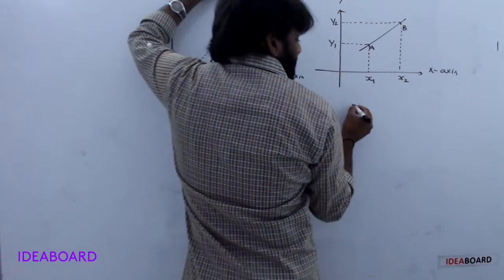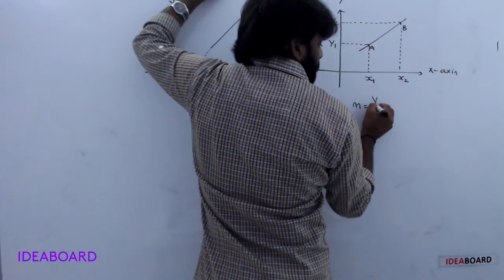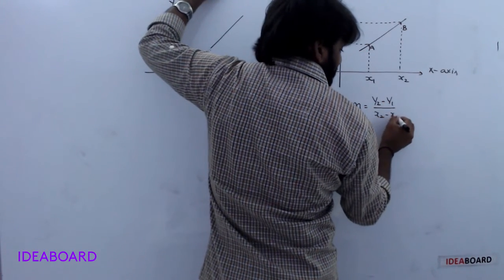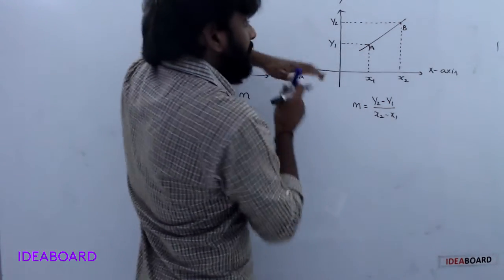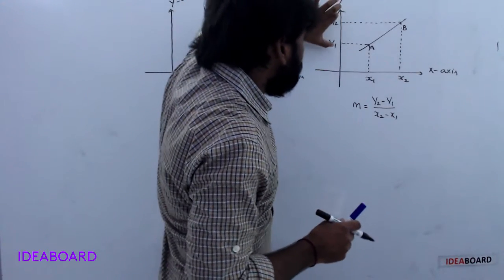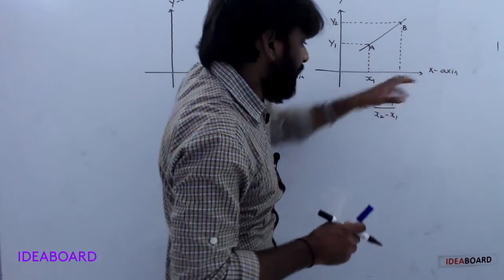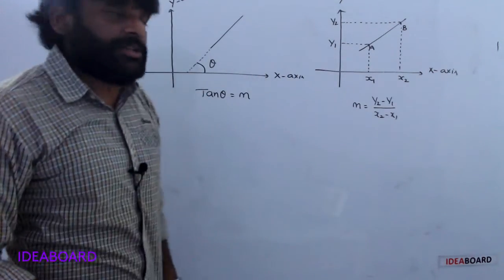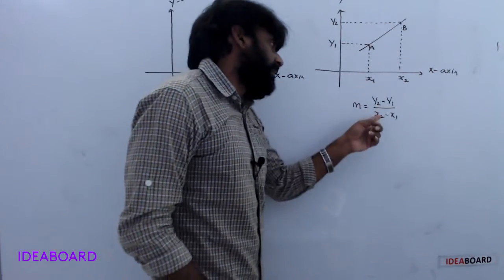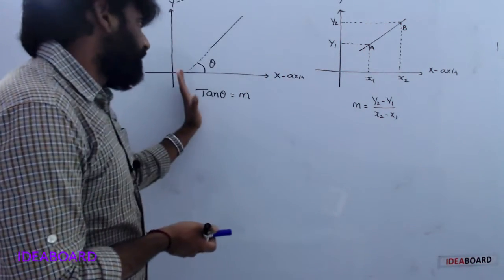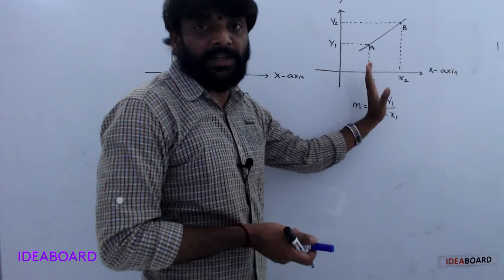So the ratio of these differences, y2 minus y1 by x2 minus x1. The difference of y components by the difference of x components gives the slope. Understood? One is this process, another one is this process.